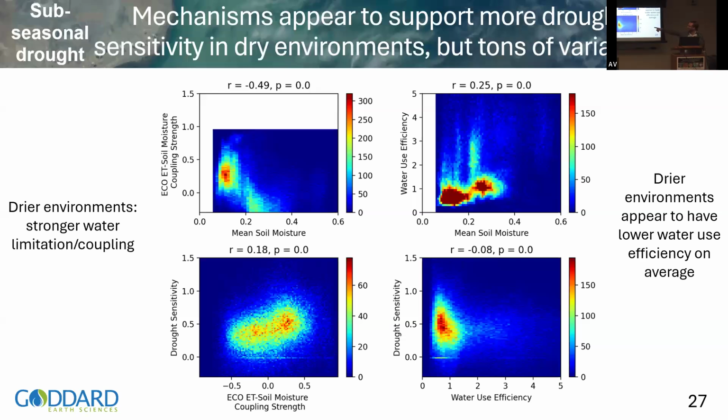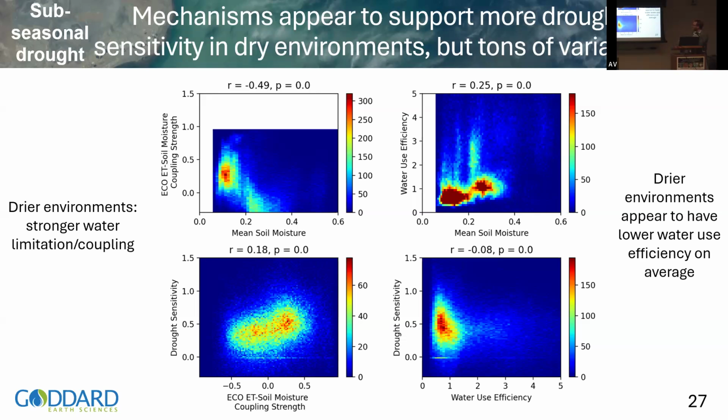And we did see in the bottom left there, more drought sensitive locations tend to have stronger land atmosphere coupling. So there might be kind of a propagation of dry conditions, dry atmosphere, dry moisture, it feeds back. So you get a more drought response. Again, not such a convincing plot that this is definitely something that's going on.